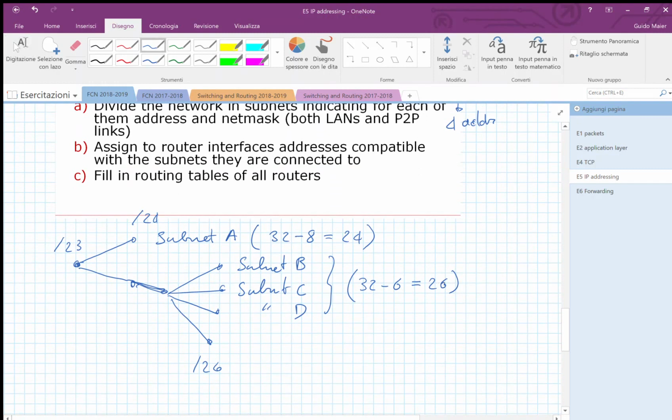So we are on the right way, both as a number of subnets and also as the size of the subnets that we are creating.